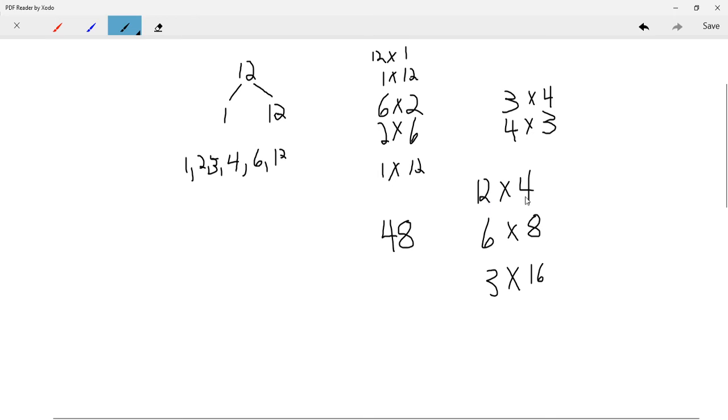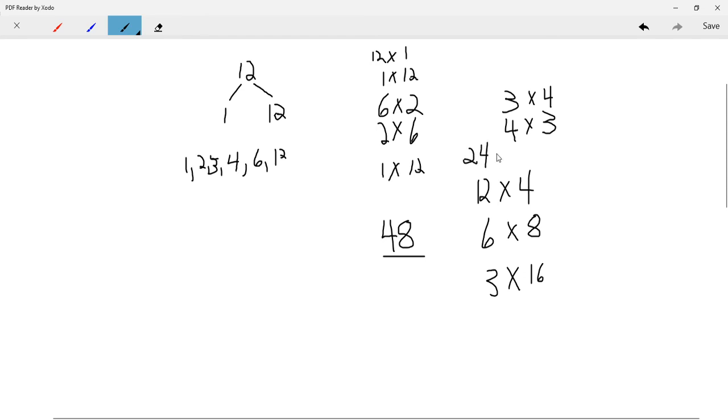of 48. And now we look at this. Wait a minute. 12 times 4 is also even, right? Both of them are even. So that means that if I double it and then half this one, it would just give me 6 times 8. So let's go the other way. I double this. 12 plus 12 is 24.